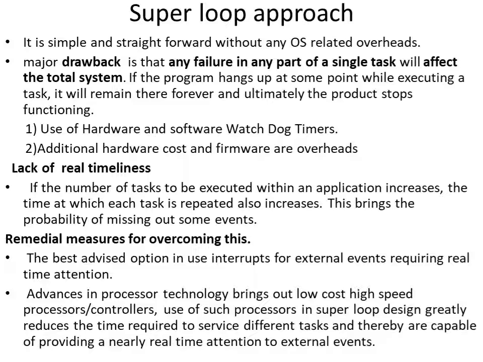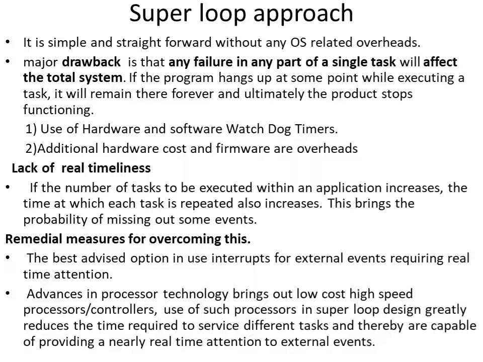What we can say here is it's a lack of real timeliness, and a corrective measure for this is to use an interrupt for external events. When you use an interrupt for external events, you can introduce real-time attention, because as soon as the interrupt comes, whatever point the program is executing, it will forgo that and run the interrupt service routine.